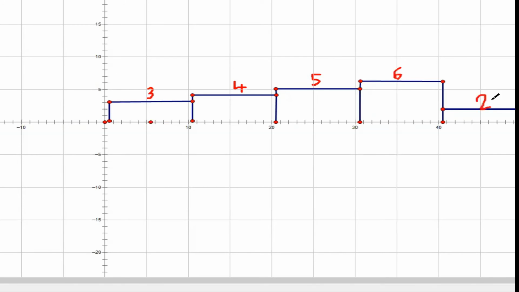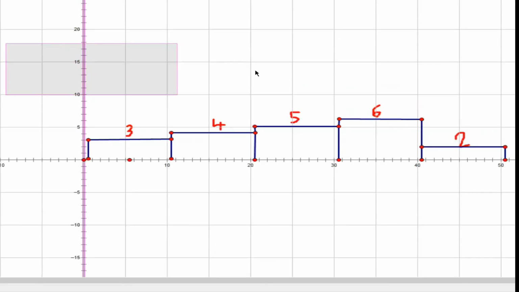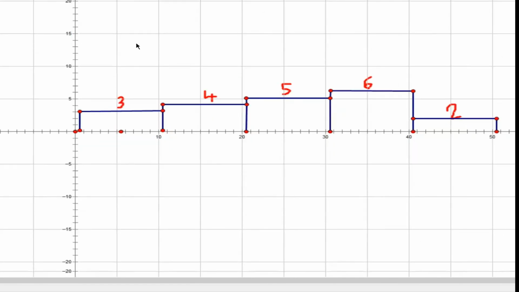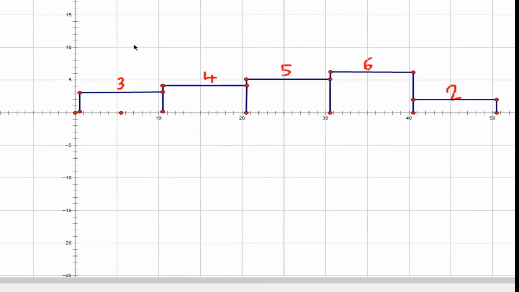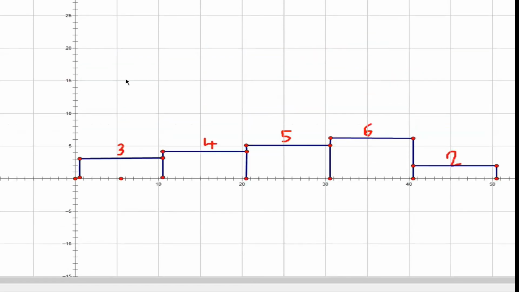This is the histogram. Now you may say, well, you want the scale to be wider. Let me try and zoom in the Y scale.